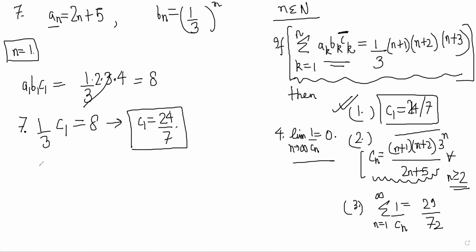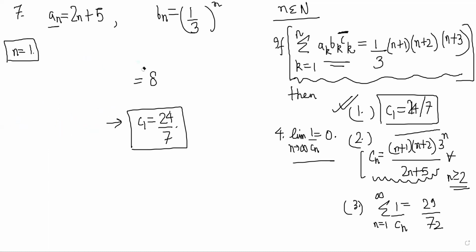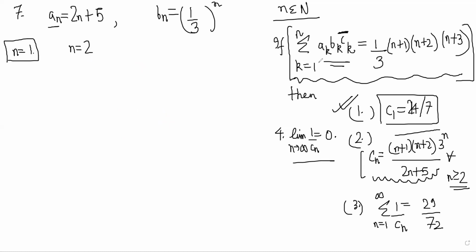So let's find C2 then, right? Finding C2 is also obvious, no? N is equal to 2, right? Put n is equal to 2, you will get 2 terms. So if I put n is equal to 2, what is this summation this side? It is A1, B1, C1 plus A2, B2, C2, right? And this side becomes n is equal to 2. This is 3, 4, 5. So this cancels, 4 into 5, 20.